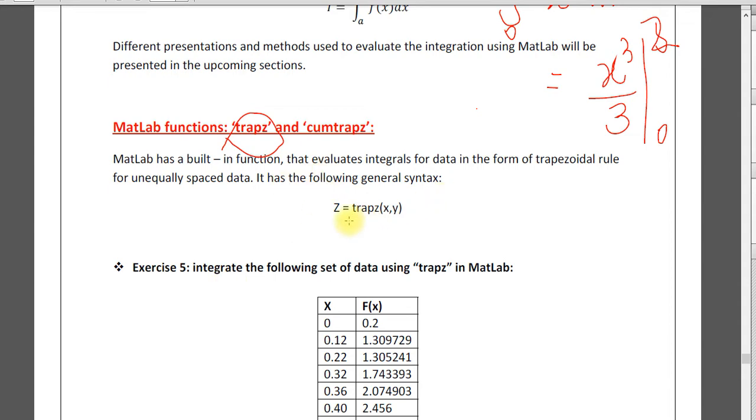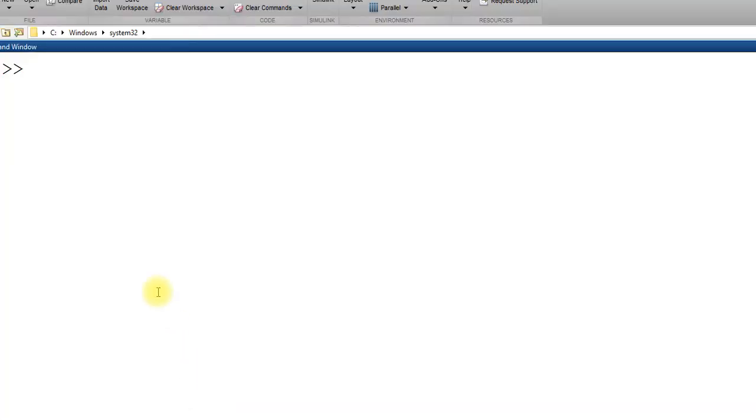The trapz function is straightforward, trapz(x, y). This is based on the trapezoidal method you are learning. If you have x and y data and you want to integrate, it will do it. Suppose you have data x: 1, 3, 5, 7, and y.